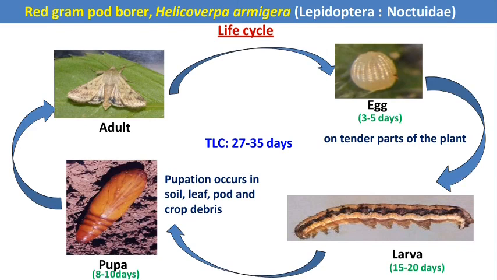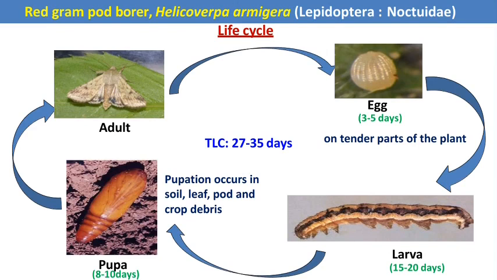The caterpillar of Helicoverpa armigera shows color variation from early instar to late instar larva, which is one of the peculiar characteristics of its larval development. After the final instar, the larva goes into pupation, which occurs in soil, on leaves or pods, or in crop debris.